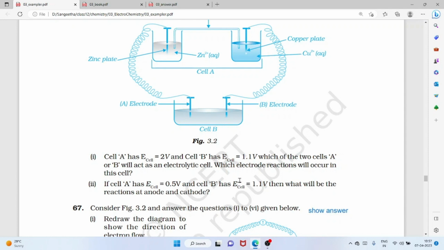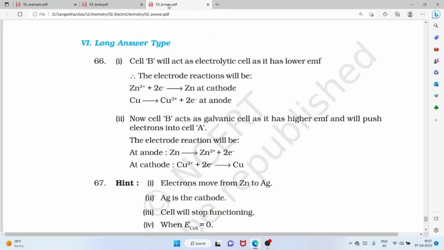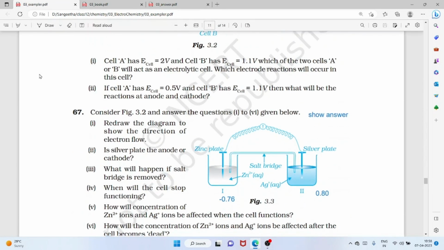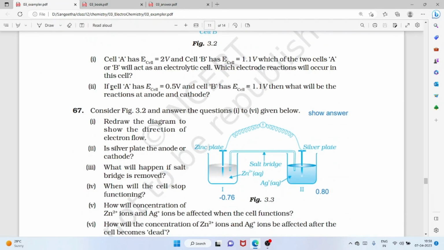Which electrode reactions will occur at the cells? Cell B will act as electrolytic as it has a lower EMF. Okay, the electrode reactions, these things. If cell A, they have now changed the voltage, then what will be the reactions at the anode and cathode?